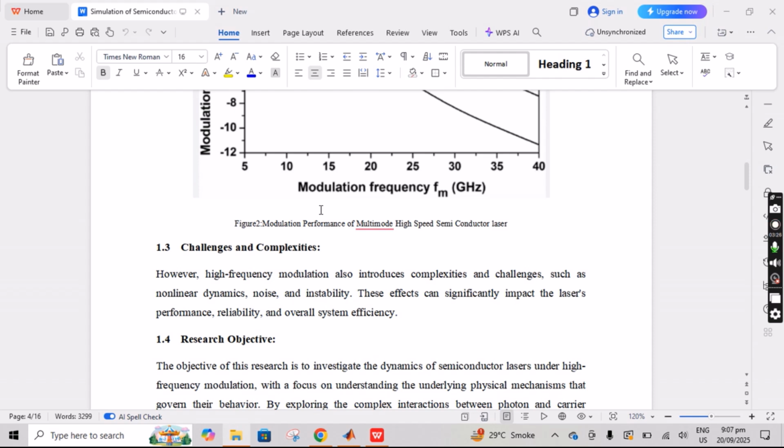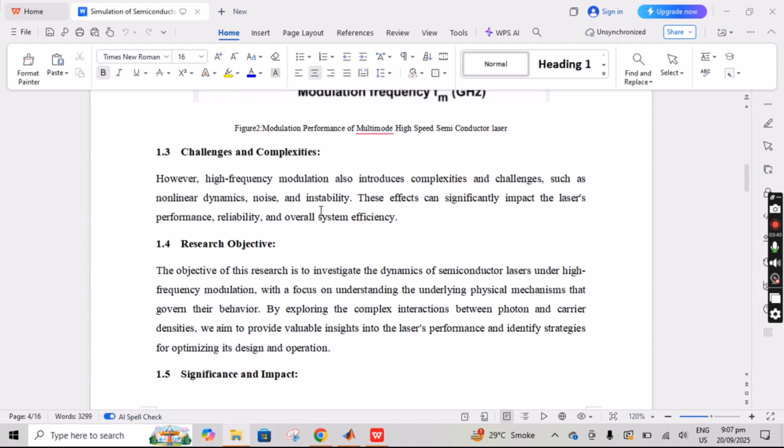So the challenges and the complexities in our case are that we are facing nonlinear dynamics and noise instability. We need to overcome these challenges and complexities. The research objective is to understand the physical mechanisms that govern their behavior.